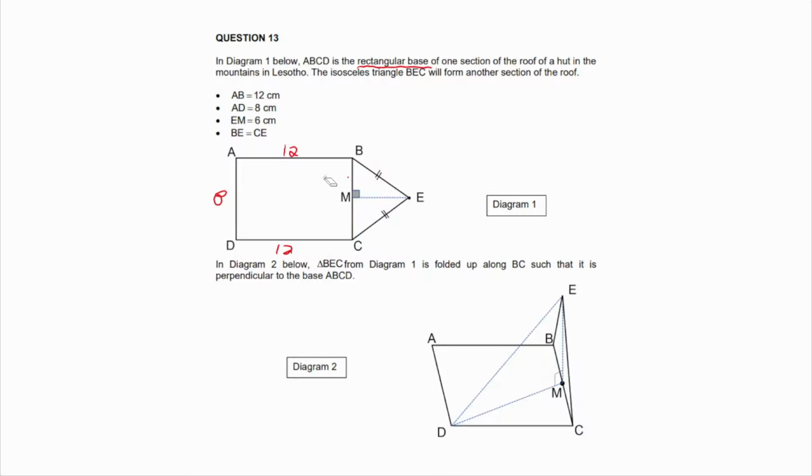If we look at these triangles, this is 90, this is 90, the hypotenuses are equal and they share a common side, EM. So they have to be congruent by RHS.